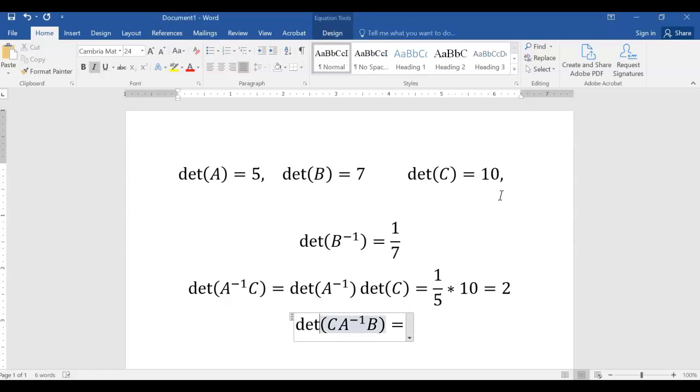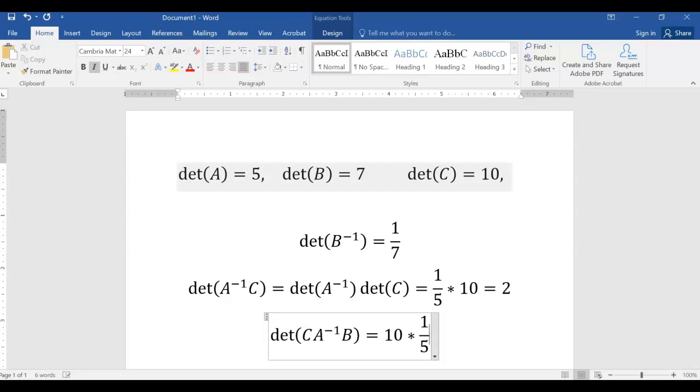Very similarly, I won't go through all the steps, but if I do C, A inverse, B, and I'm looking for the determinant, I'm going to take the determinant of C, which is 10, the determinant of A inverse, which we just found, that's going to be 1 over 5, and then we're going to multiply times the determinant of B, which is 7. Okay?